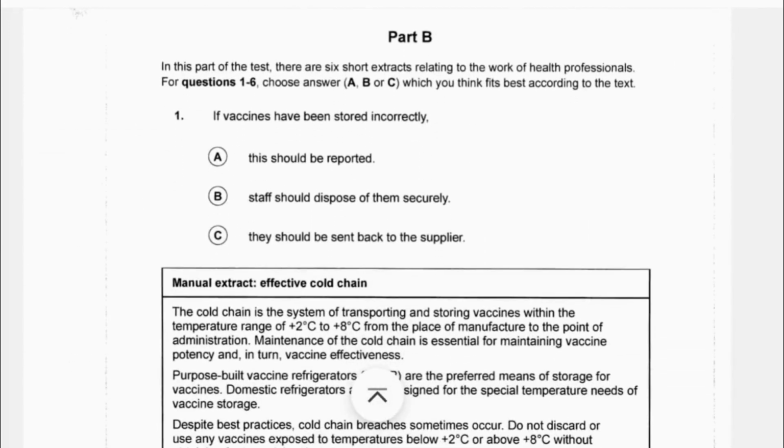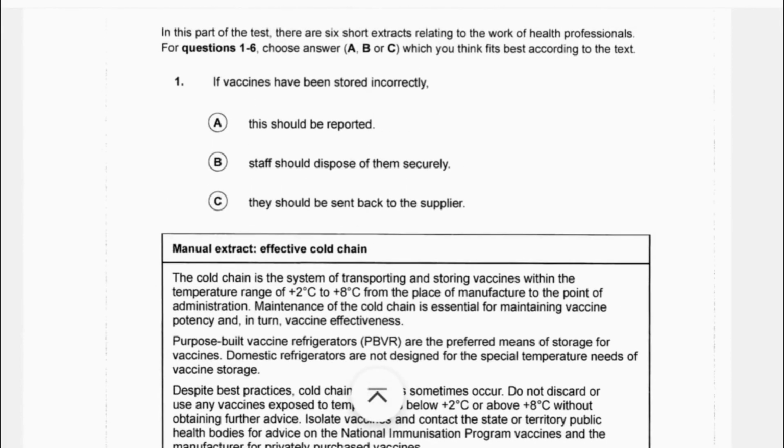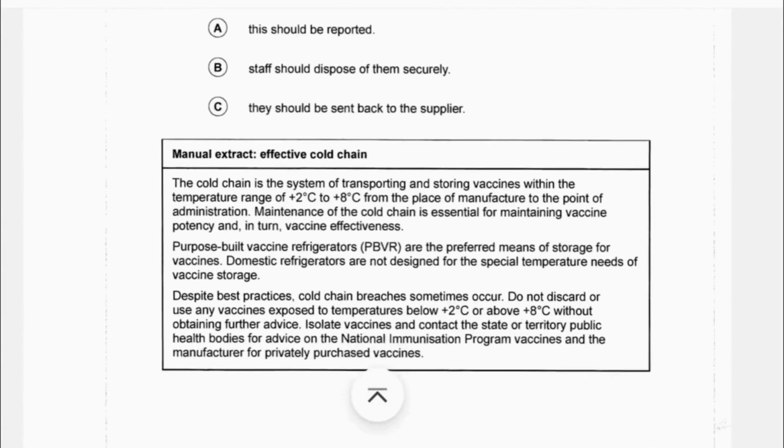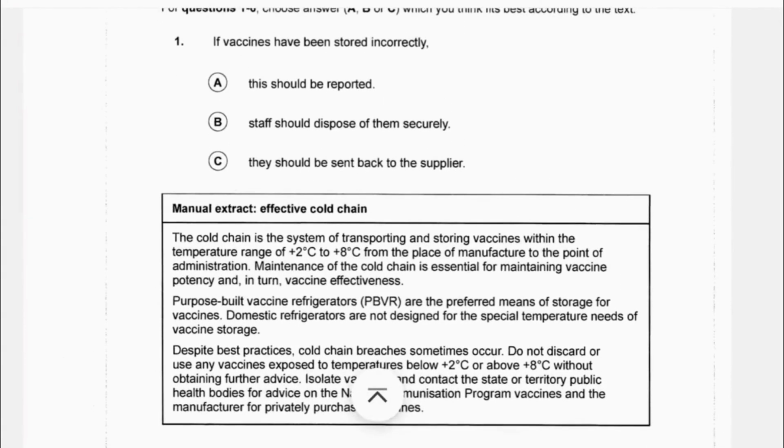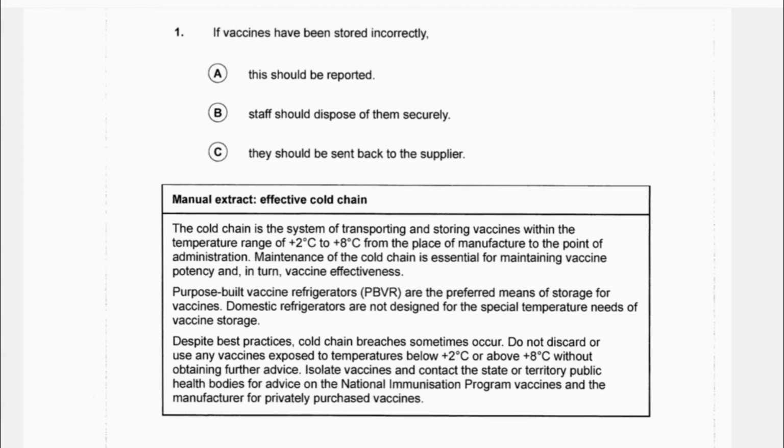In part B you have 6 multiple choice questions. Each question has 3 choices, and you have to fill in the circle. There is a small 2 to 3 paragraph text, and you have to read it and mark the correct answer.